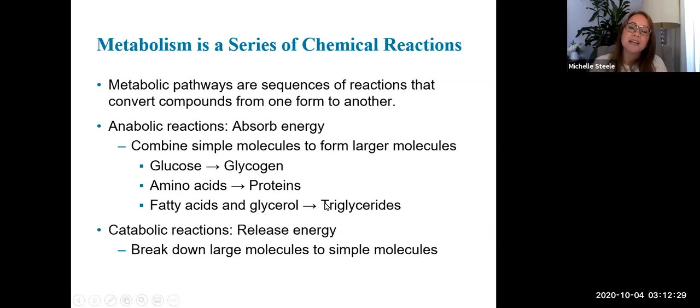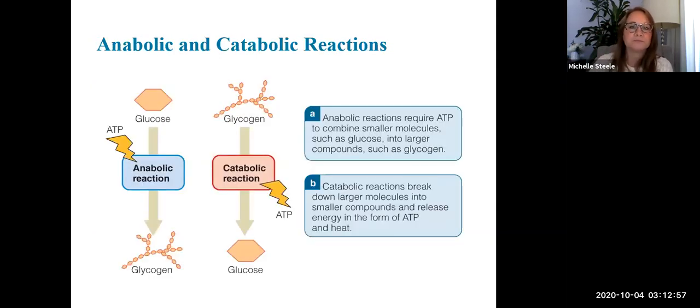As you can imagine, this process is releasing energy. We're breaking the bonds that are used to create that stored form of energy and releasing energy in the process. So anytime we're breaking down, we are releasing energy, and that is known as a catabolic reaction. Anabolic, building up. Catabolic, breaking down.